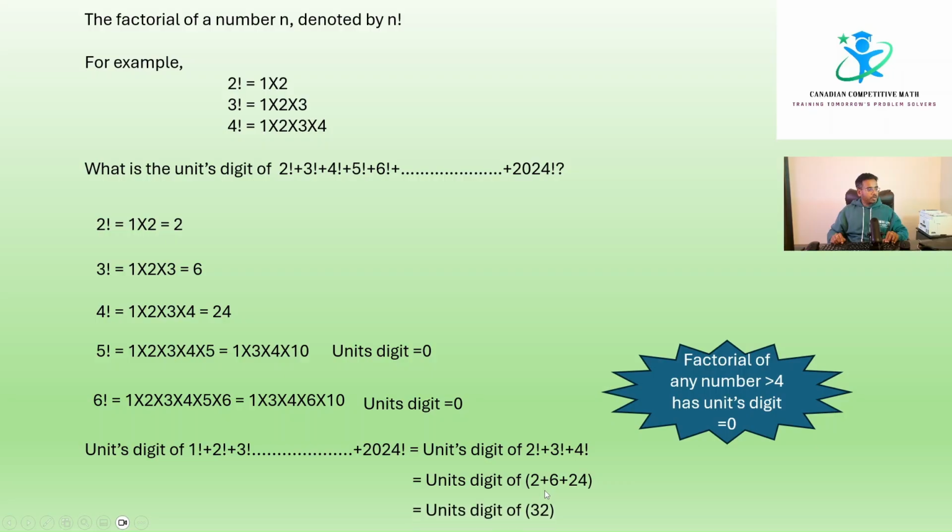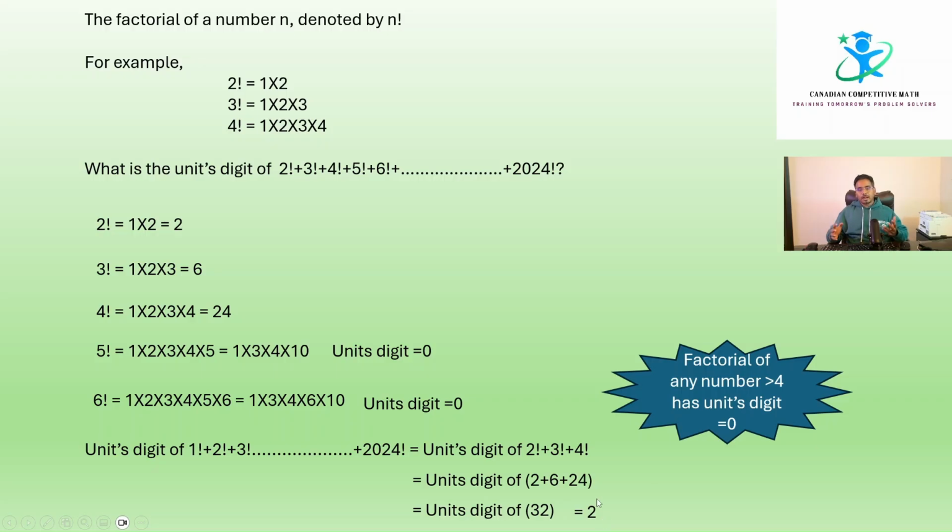The sum is 30, so the units digit is 0 plus 2... that is, the units digit of the entire summation that is given here is equal to 0.